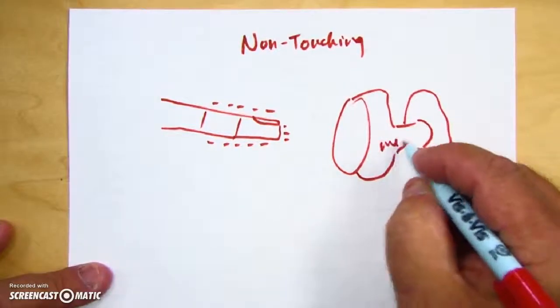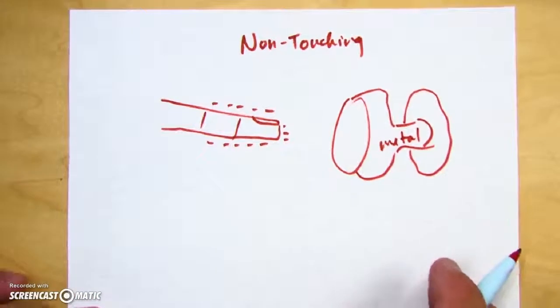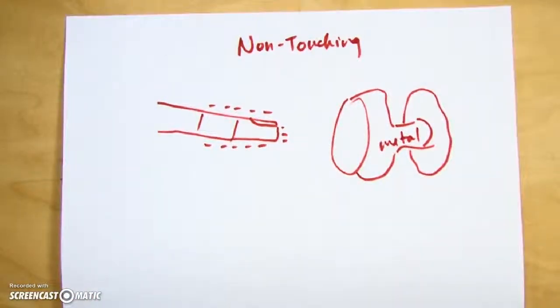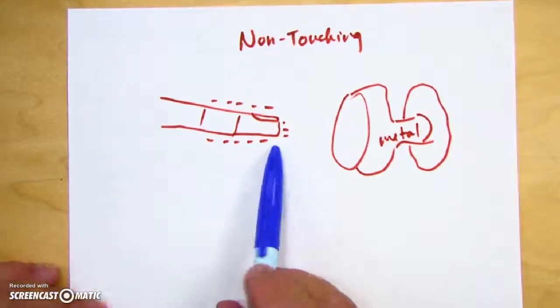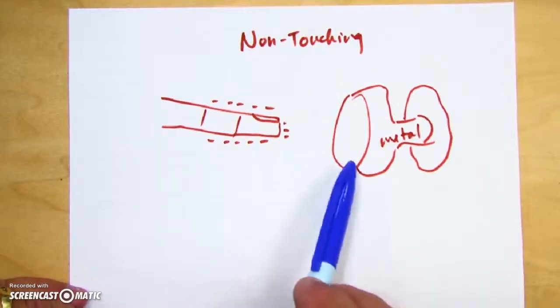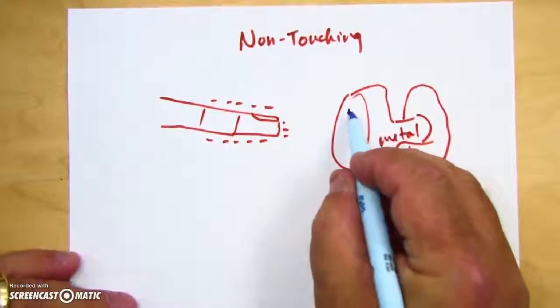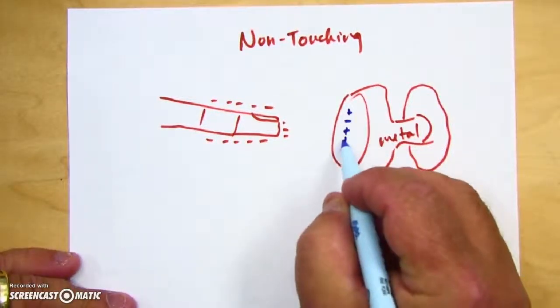And this is metal. Metal's kind of important because electrons can move easily in the metal. Well, what's going to happen now is we know that negatives hate negatives. Negatives love positives. Since the only thing that can move is the negatives, you're going to have positives and negatives here.